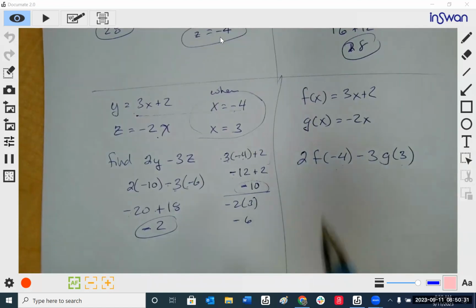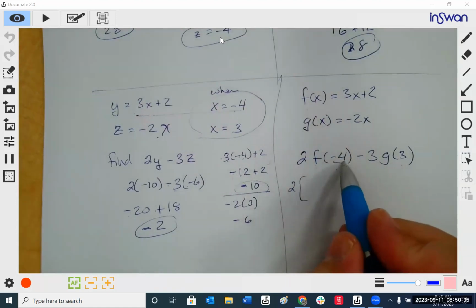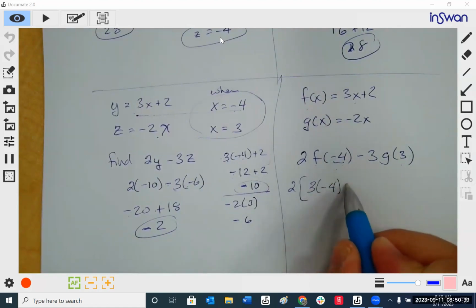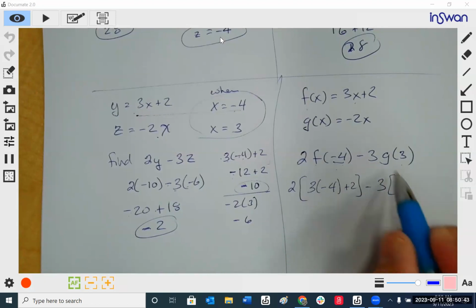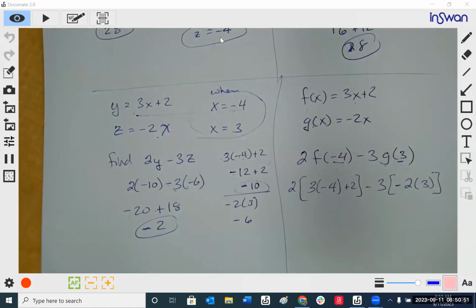This one, go to the function f. In place of x, put a -4. This one, go to g. In place of x, put a 3. And then we work it out. So functions are a lot more practical to use.